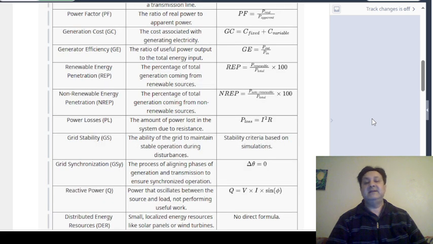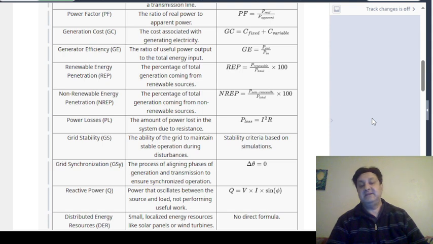At the generation end, the generation cost is very important, the cost associated with generating electricity. If we have renewables, fuel, hydro and other sources, in a smart grid with various sources of energy, generation cost is a very important factor.